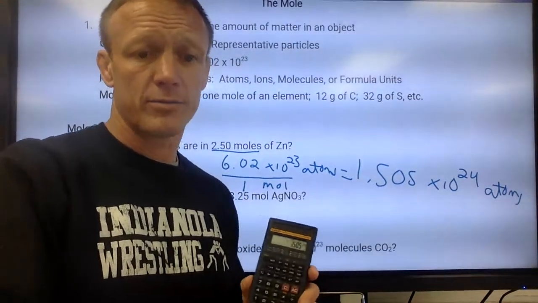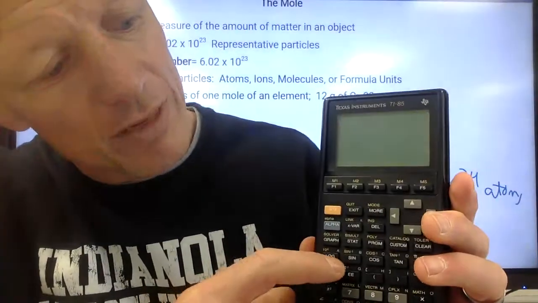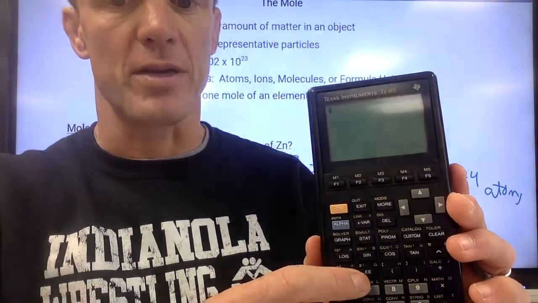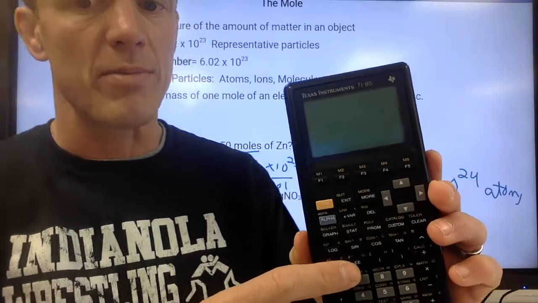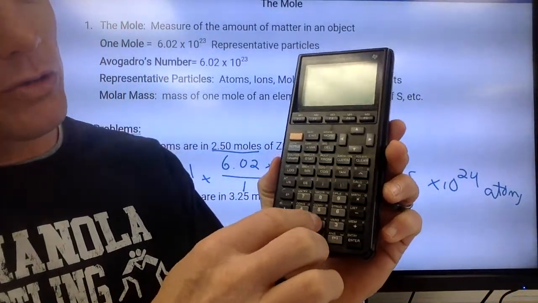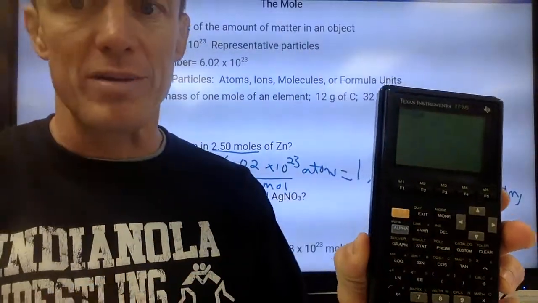Let me show you a different calculator. If you have a big calculator, it's probably a little different than this one, but with a big calculator or other calculators, you're always looking for this double E button. It might be a second function on this big calculator, it might be above this, but you're looking for a double E button. So if I'm typing in Avogadro's number here, I would type in 6.02, then hit that double E button, which means times 10.